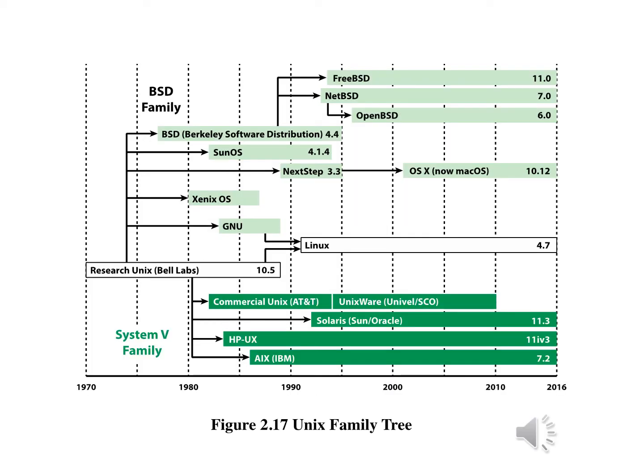This slide shows the family tree for Unix. All the way on the left, you'll see Research Unix, which was the version created at Bell Laboratories. You'll notice on the top is the so-called BSD family, and on the bottom, the System 5 family. From Research Unix came Unix BSD, Sun operating system, NeXTSTEP, which ran on the NeXT computers that Steve Jobs created after he left Apple, Xenix operating system, which was for PCs, and GNU, the project of Richard Stallman.